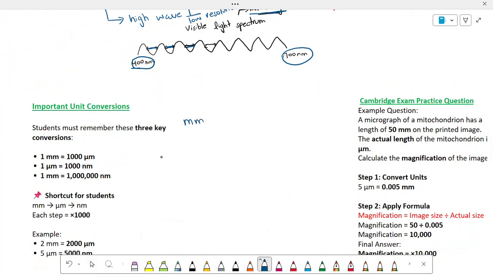Millimeter is like the thickness of a pen tip. And micrometer: a micrometer is the 1,000th of a millimeter, and it's actually used to measure cells.